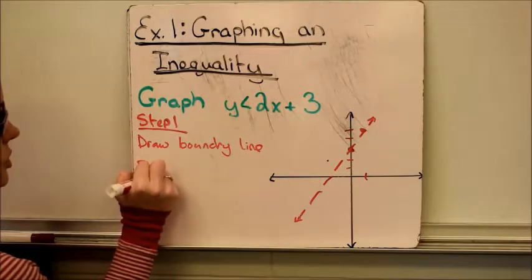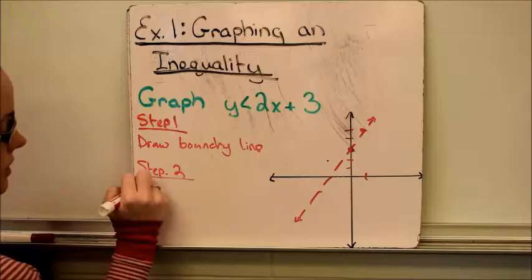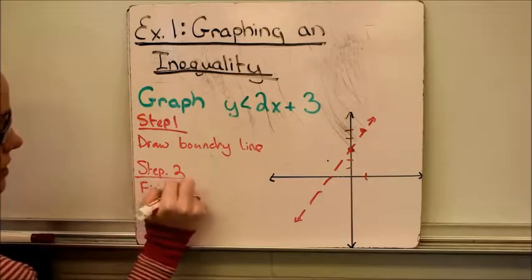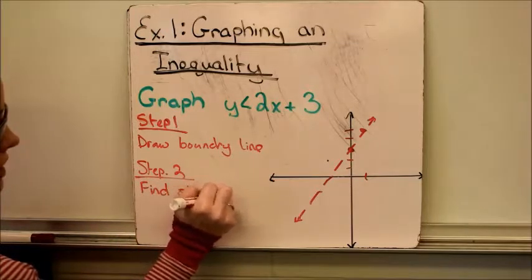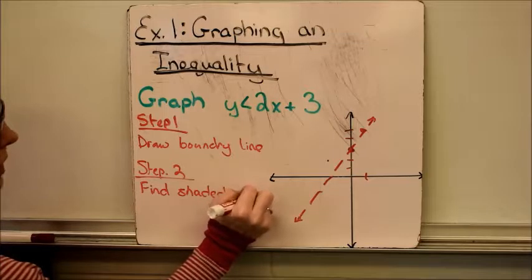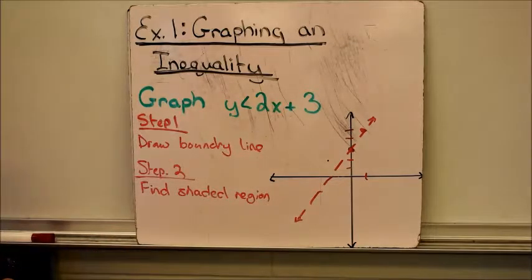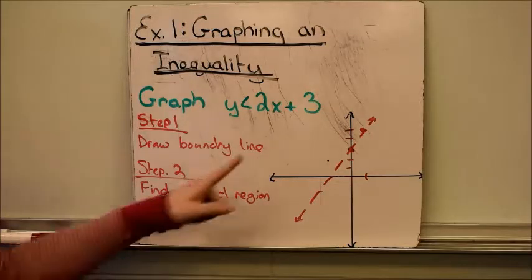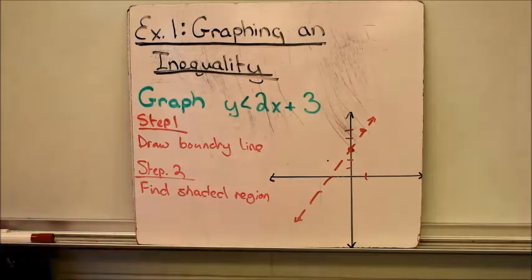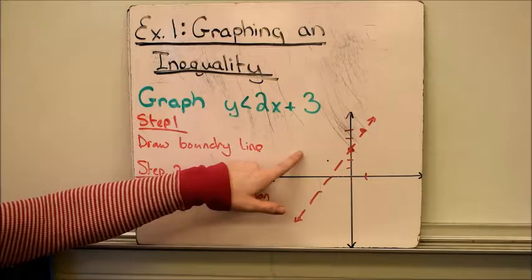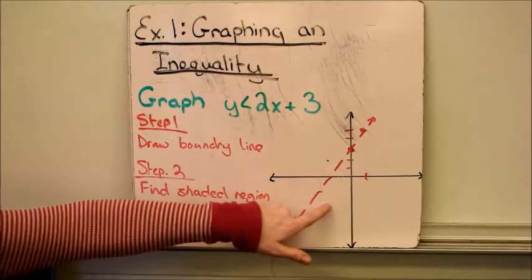Now our step 2 is going to be find the shaded region. Because this is an inequality, we have an area that's true. Either this side is going to be shaded to the boundary line or this side is going to be shaded.